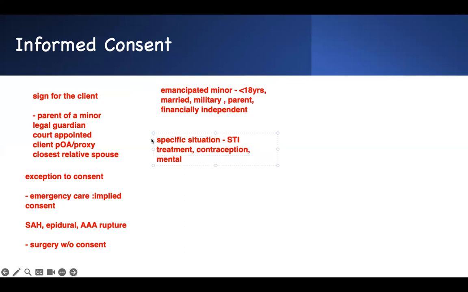If you need mental health treatment, and you are less than 18, you don't need your parent's consent. If it's substance abuse treatment, you are less than 18, you don't need your parent's consent. That's how the group works.